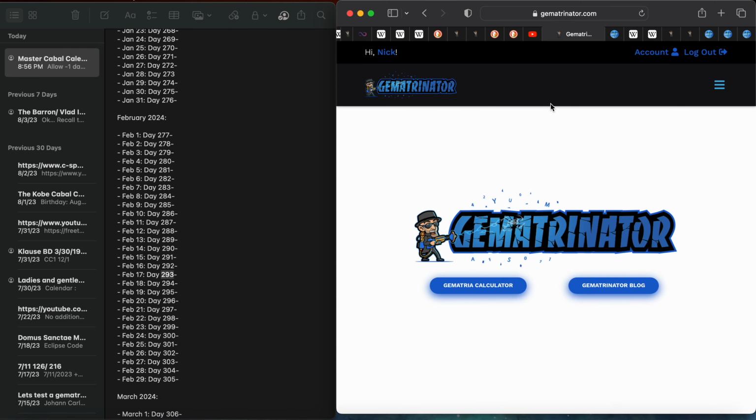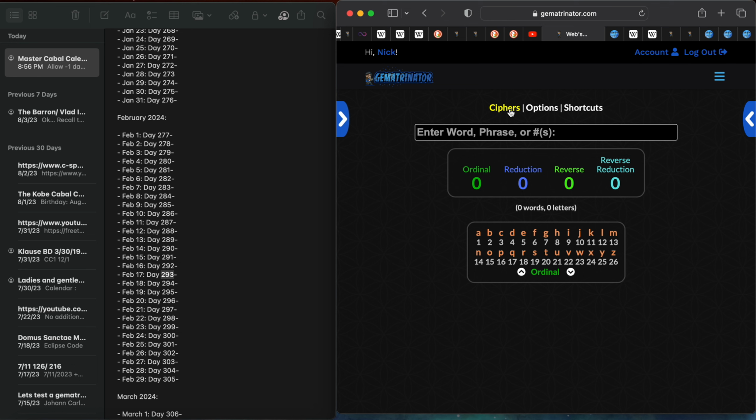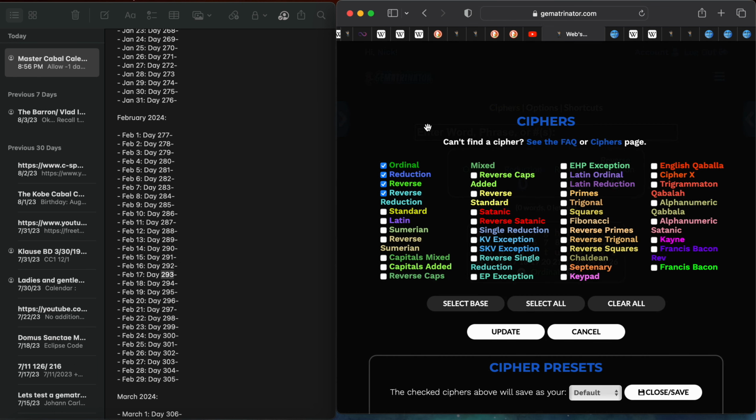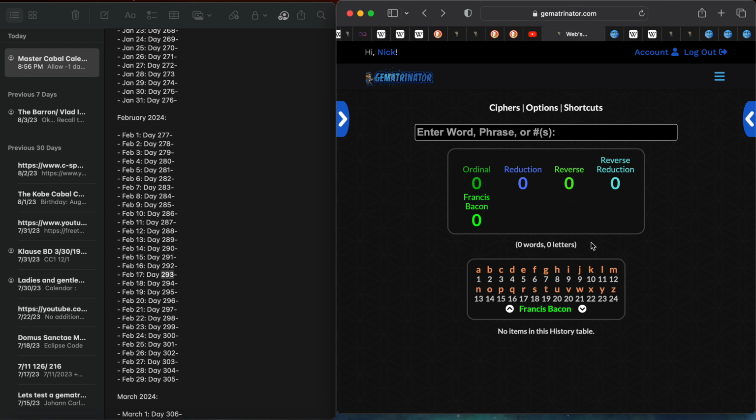You have your Gematria calculators. There's a number of ciphers that you can use for free. If you pay only a couple dollars a month, it opens up the ciphers tremendously, and you can even customize your own ciphers. If you're not using Francis Bacon, it was suggested to me in the community.